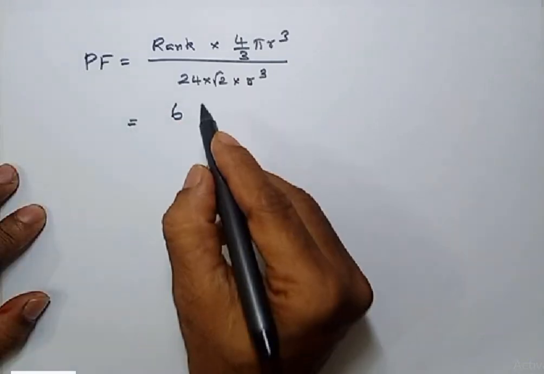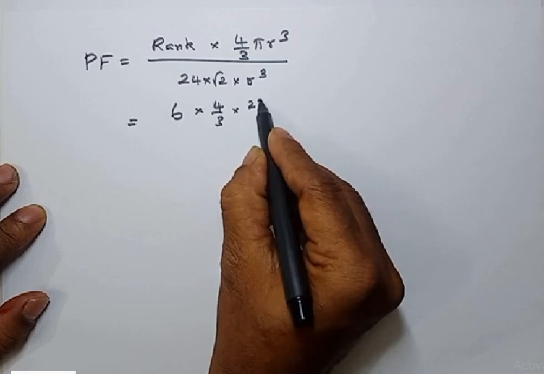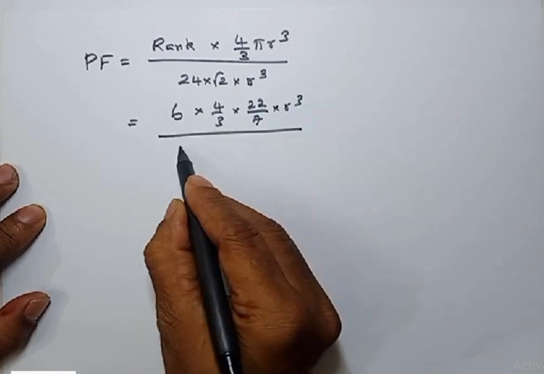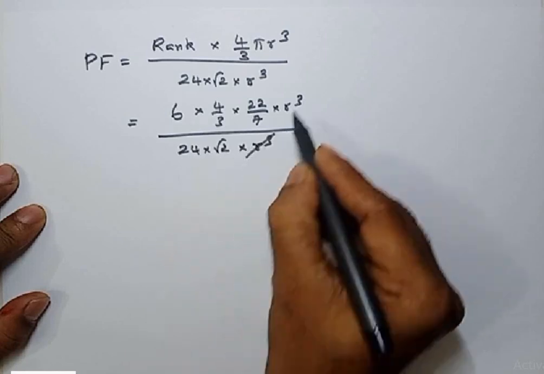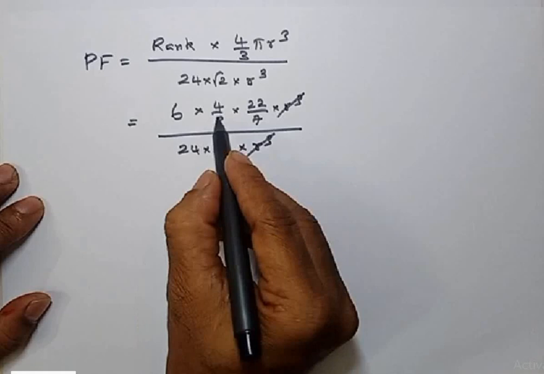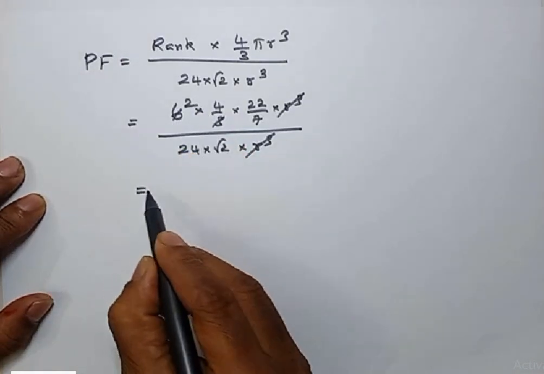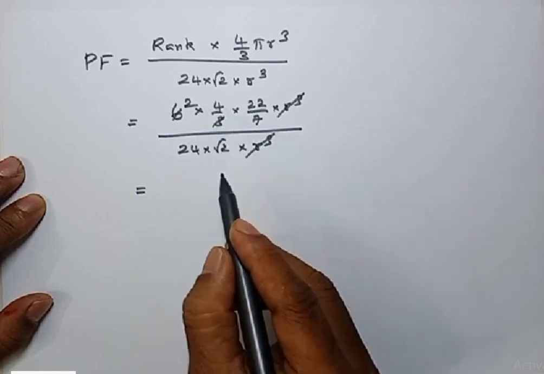We have discussed this in the last class; you just refer. Then 4 by 3 pi, with pi as 22 by 7, into r cube, divided by 24 into root 2 into r cube. This r cube cancels. 1 3 is 3, 2 3s are 6. Okay, so what we get here is 4 into 2, 8.